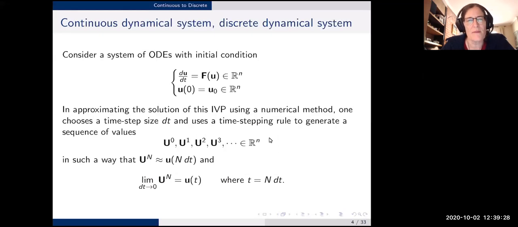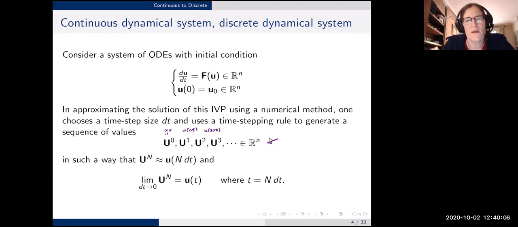So let me remind you, if you have a system of ODEs with initial conditions, just a generic initial value problem, then if you wanted to put this on a computer, what you would do is you would find a sequence of vectors in Rn. U0 would be the initial data, and U1 would be approximately U at time delta t, and U2 would be approximately U at time 2 delta t, and so forth.